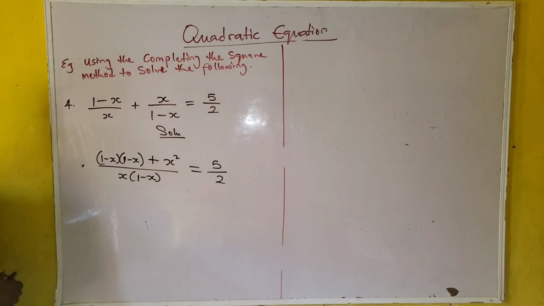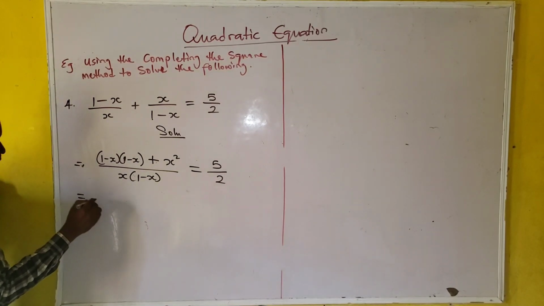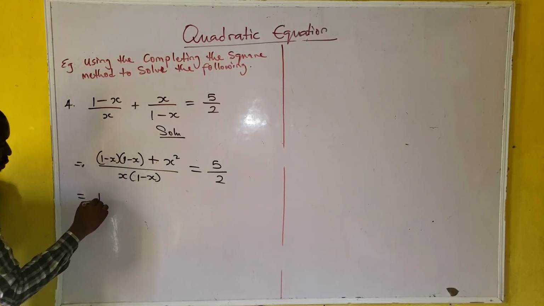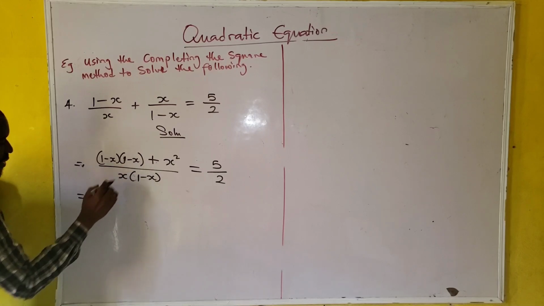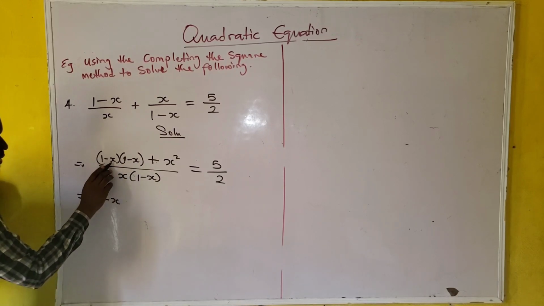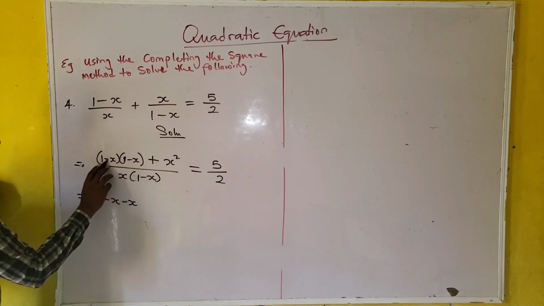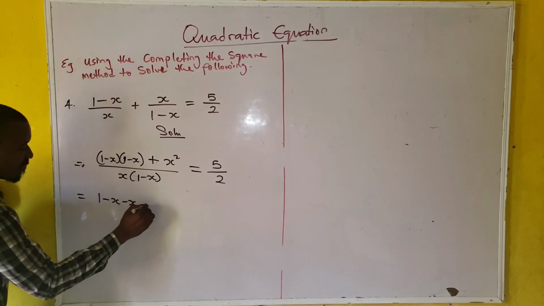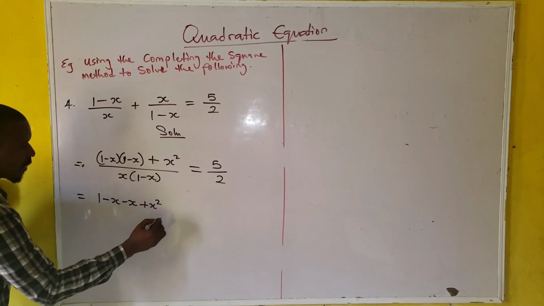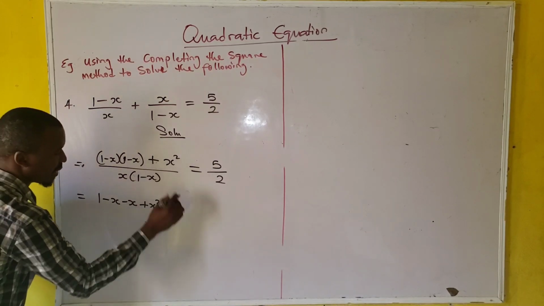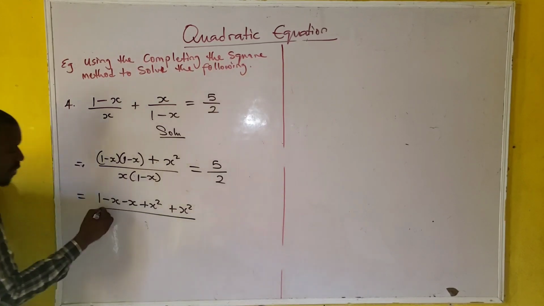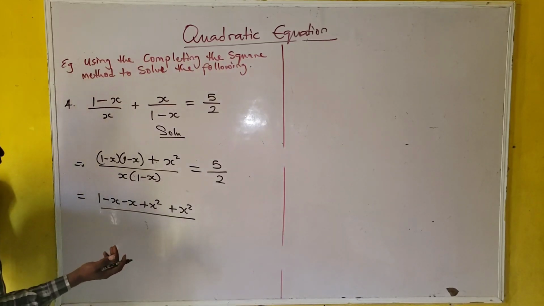So let's open this bracket. That will give us 1 times 1, 1. 1 times minus x will give you minus x. Minus x times 1 will give another minus x. Minus x times minus x will give me plus x squared, all over. Open this bracket also.